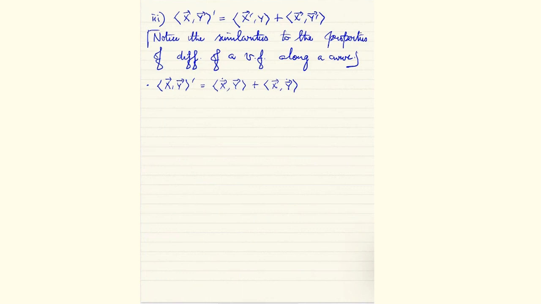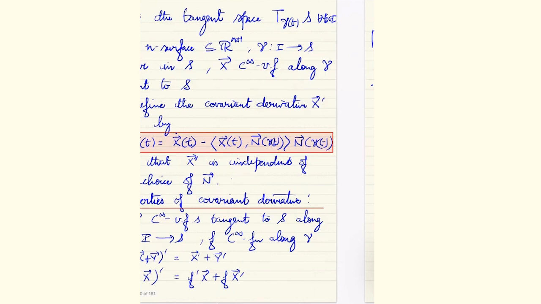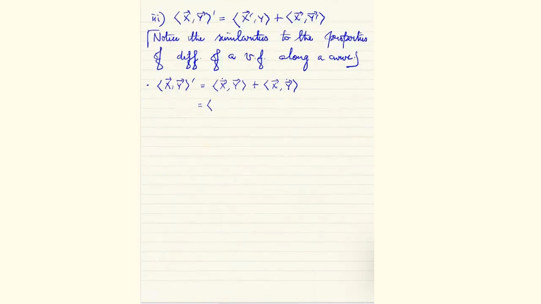We already studied the derivatives of vector fields along curves, and so now you simply plug in the definition. You go back to the definition, so you have the x dot, the derivative of the vector field along the curve. You want to replace this by x prime, so you take the normal factor to the other side and simply calculate it out. So you replace the x dot by the x prime, the derivative along the curve by the covariant derivative.